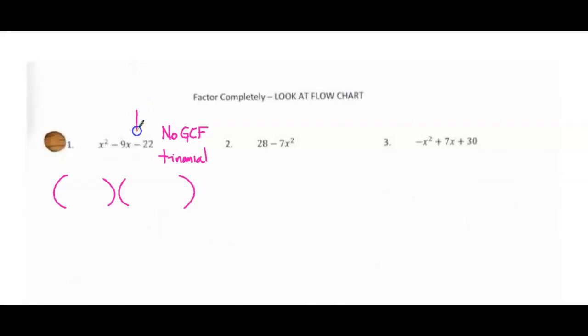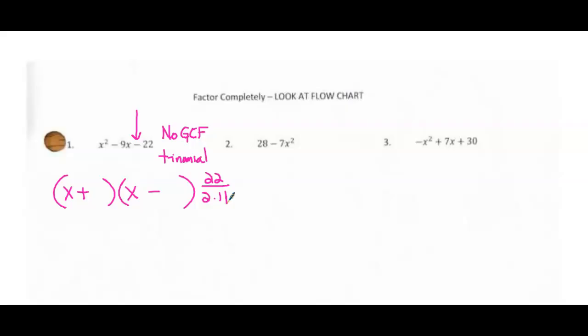I noticed that the last term is negative. When the last term is negative, it has to be 1 plus, 1 minus. The only thing we can multiply to get x squared is x and x. So I need the factors of 22 to give me a 9. 2 times 11 I can use to give me a 9.